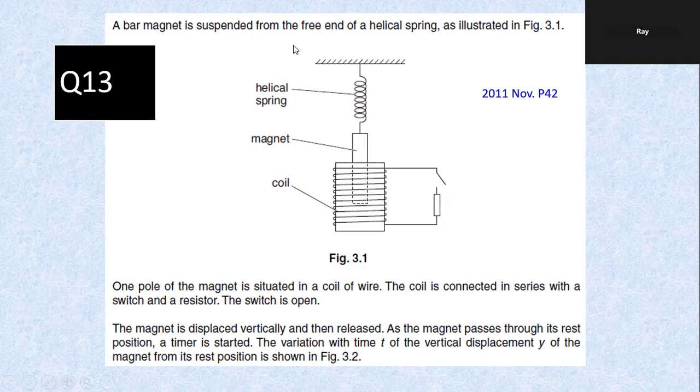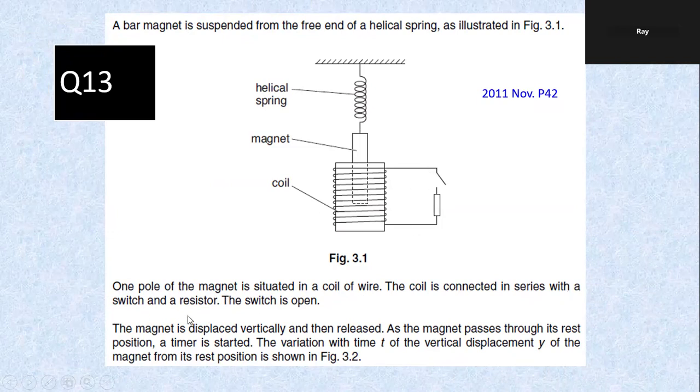A bar magnet is suspended from a free end of a helical spring as illustrated in figure 3.1. The helical spring, there's your magnet, there's your coil. One pole of the magnet is situated in the coil of wire. The coil is connected in series with a switch and a resistor.